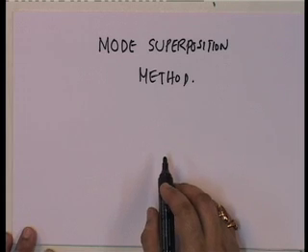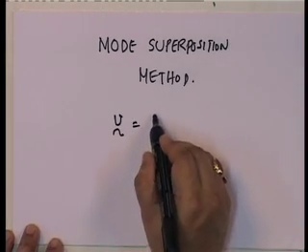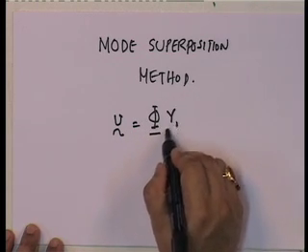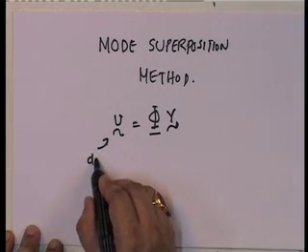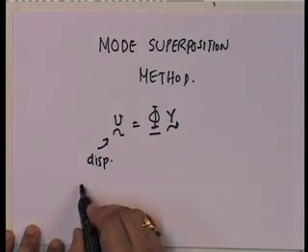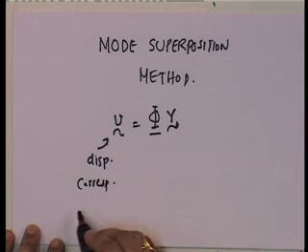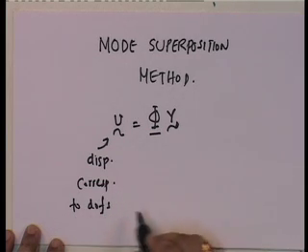The mode superposition method is based on the fact that V equals phi y, where these are displacements corresponding to degrees of freedom.